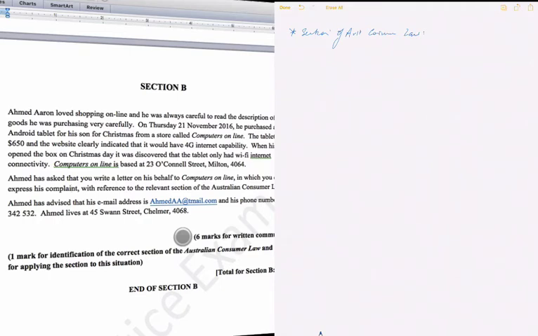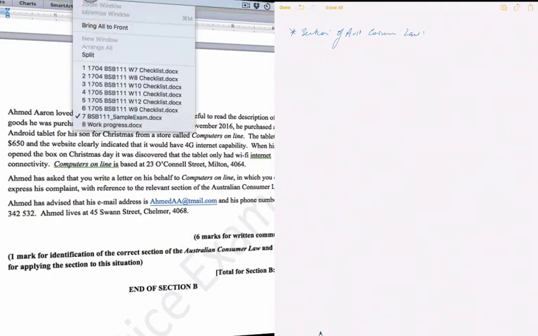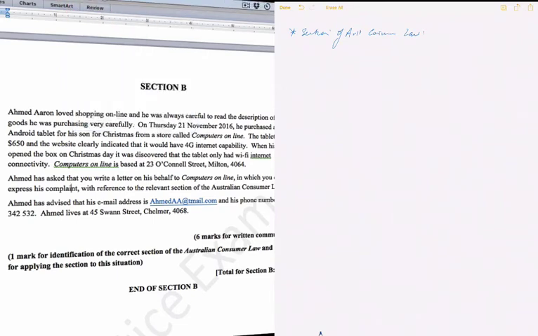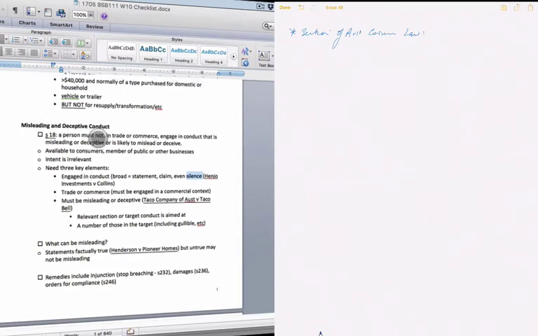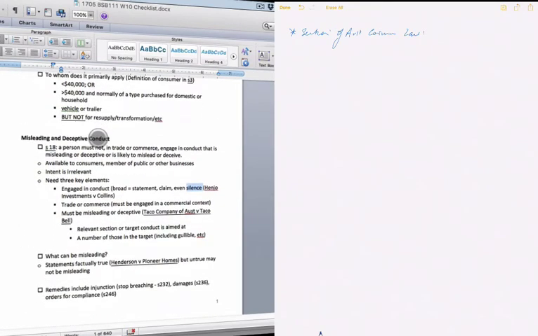Because it could be misleading or deceptive conduct. We could be thinking, is this about a person engaging in trade or commerce that's misleading or deceptive or likely to mislead or deceive? Well, they do advertise it as one thing and then another, and we could get damages. So it could be that.